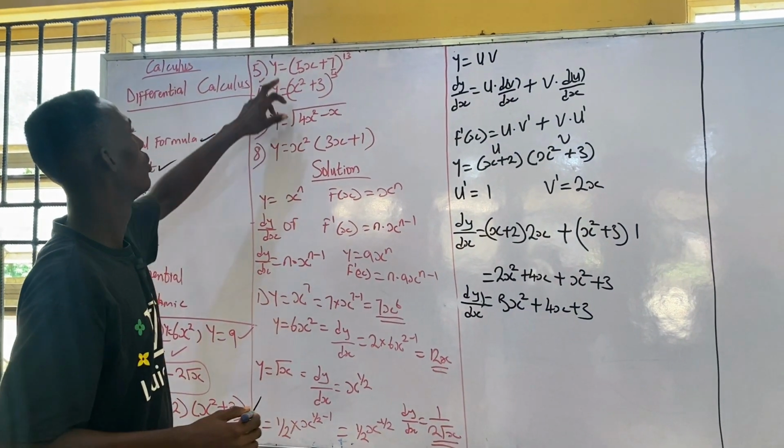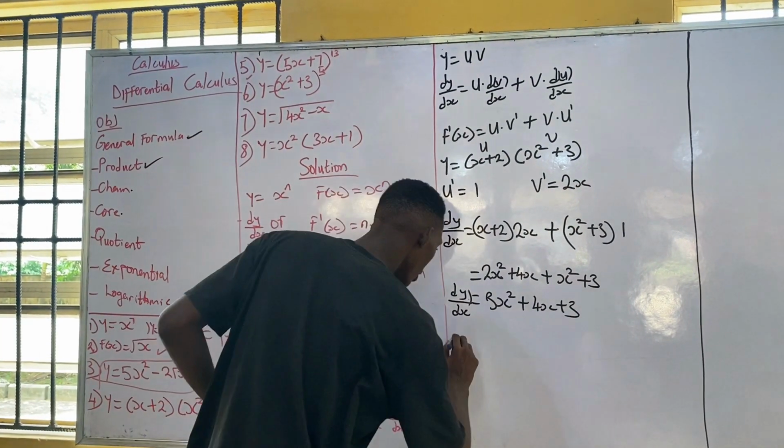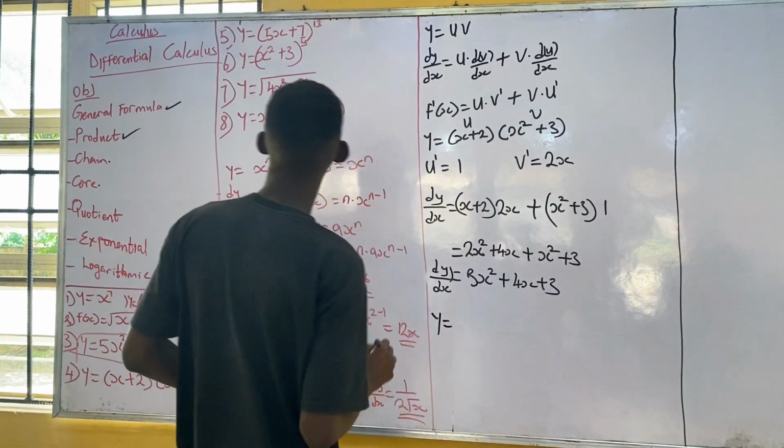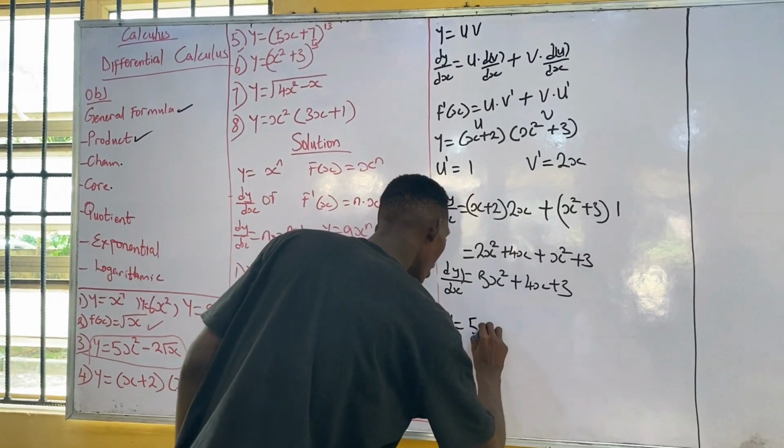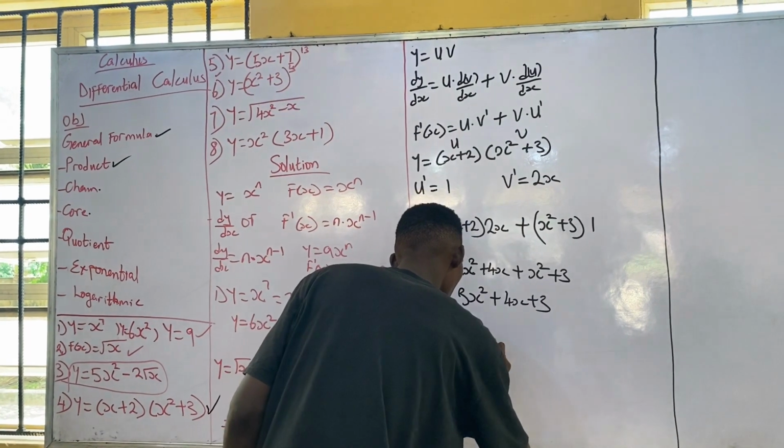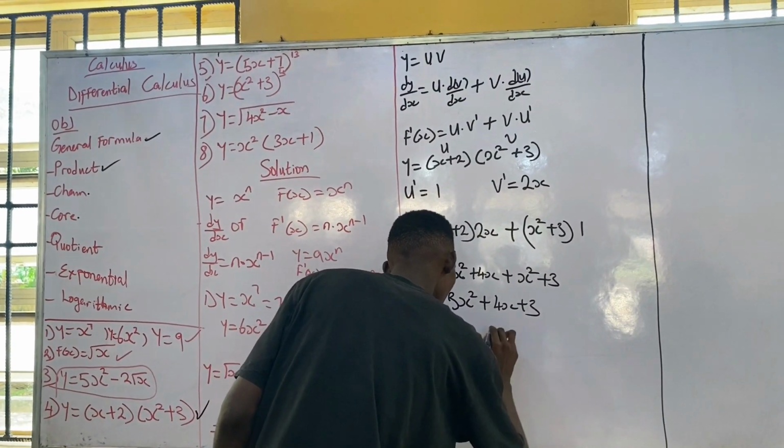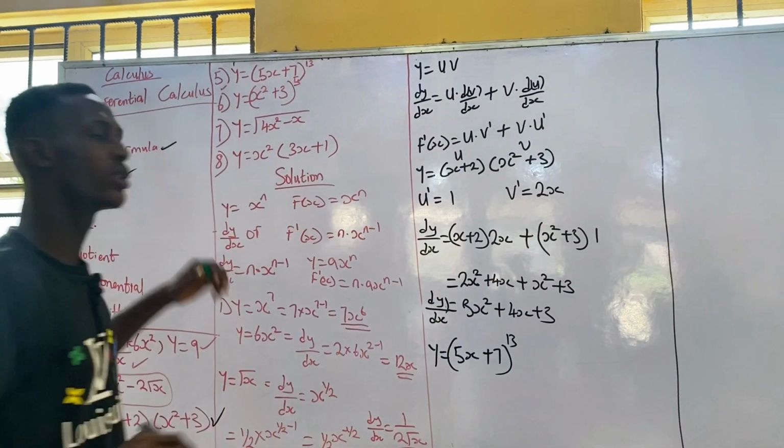Now, we have y is equal to (5x plus 7) to the power of 13. Now, let us start using chain rule.